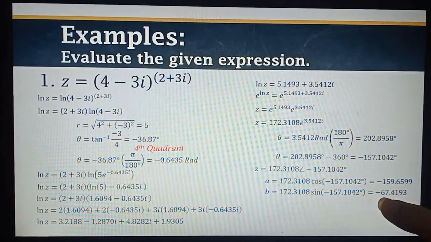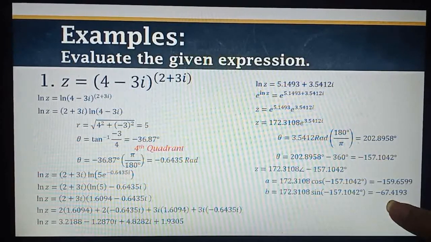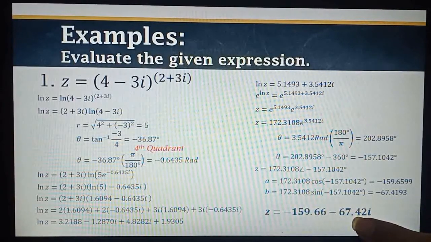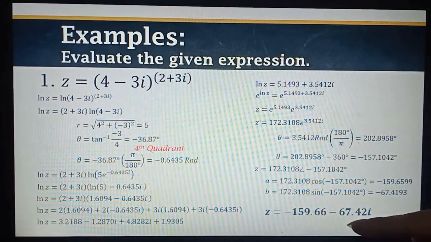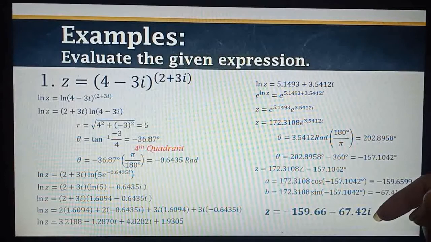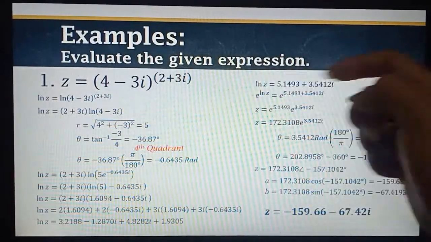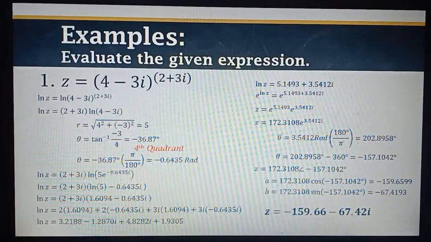That is equivalent to negative 67.4193. Now, our rectangular equivalent is negative 159.66 minus 67.42i. And that is the equivalent value of the given expression 4 minus 3i raised to 2 plus 3i.